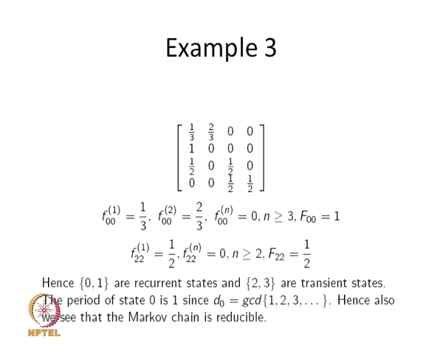Before that, we will try to find out what is the type of recurrent state, whether it is going to be a positive recurrent or null recurrent. If you find out mu00, that is nothing but 1 times 1/3, 2 times 2/3, 3 times 0, 4 times 0 and so on.